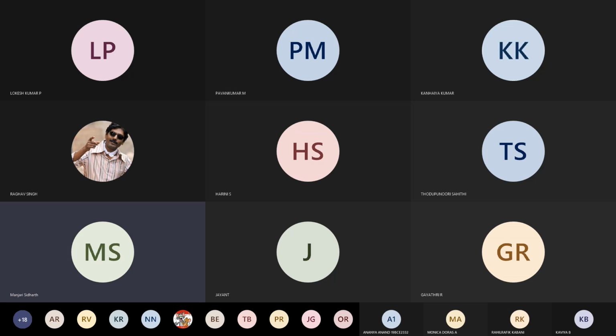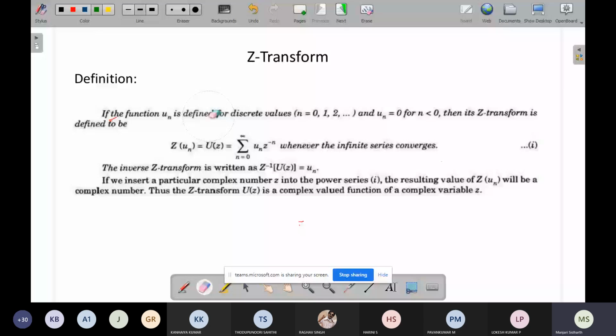So Z transforms. What does Z transform mean? Why do we need Z transforms? We have Fourier series. Then we have Fourier transforms.